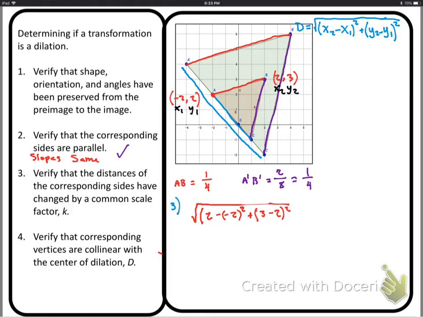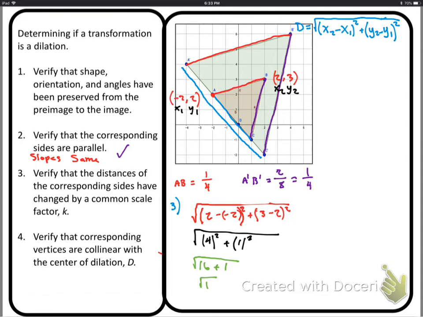And we can simplify. I forgot one parenthesis here. Inside the parentheses first, we do 2 minus negative 2. That gives us 4, that's going to be squared, plus 3 minus 2 is 1, and that's going to be squared. Then simplifying, sorry, 4 squared is not 8, 4 squared is 16, plus 1 squared is 1.